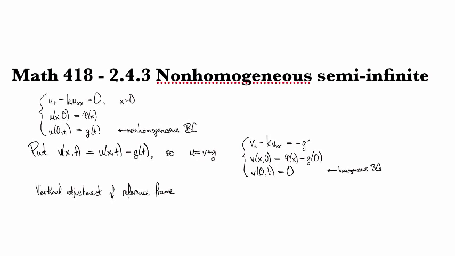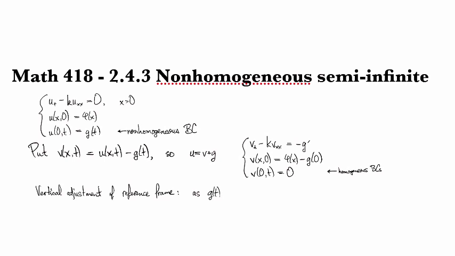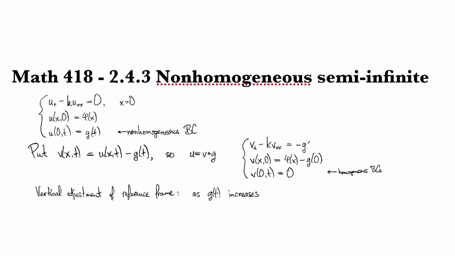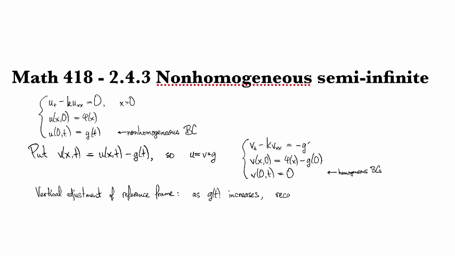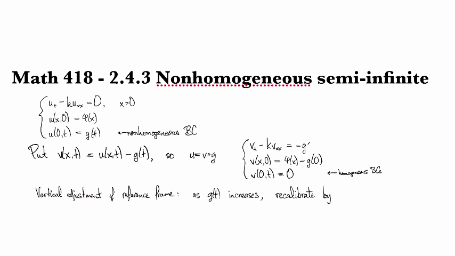As g increases in the original problem, imagine recalibrating by moving the entire resulting heat surface. And so if g is going upward, then you'd need to shift the heat surface downward.